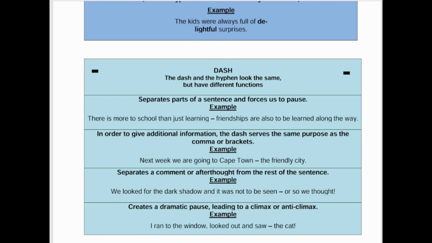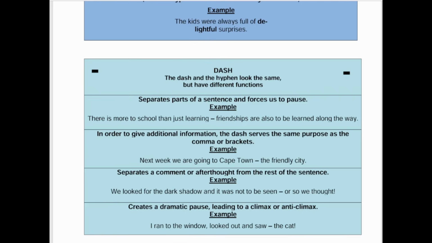You can ignore it, but since it's additional information, you can use a dash to separate the main sentence from the additional information. If you say next week we are going to Cape Town, that is correct, but now you can add more information and say the friendly city.